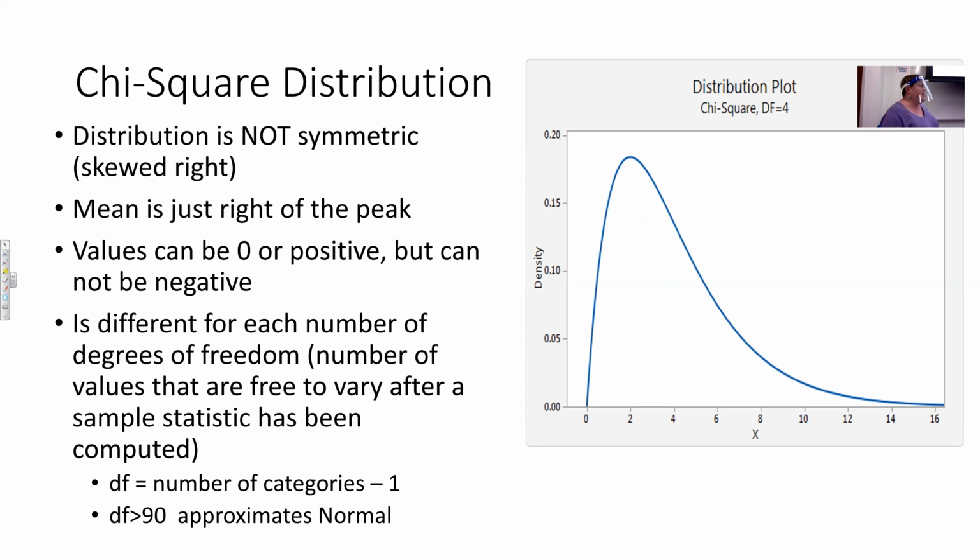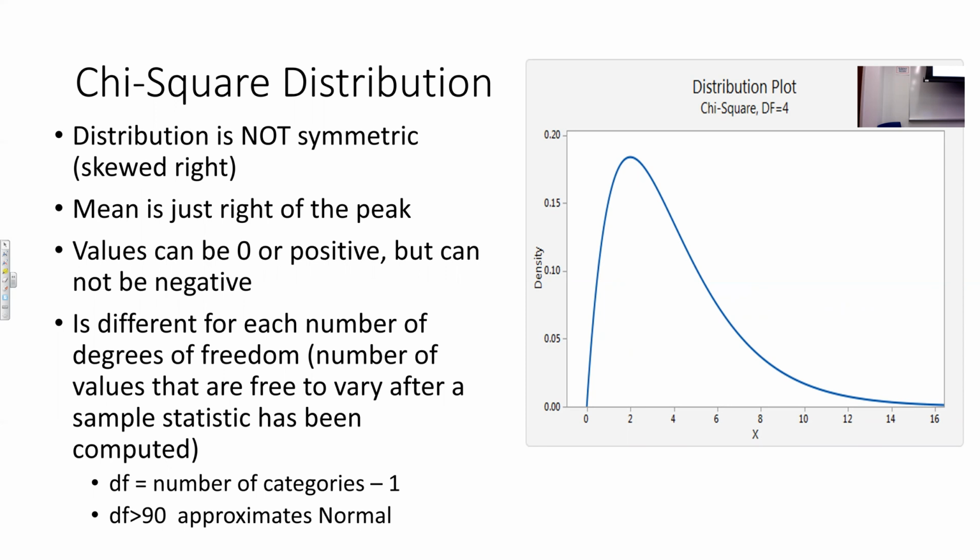And you can see that there on the diagram, because notice how the hump is on the left-hand side. And when you have that peak on the left-hand side, that's called skewed right. The mean, or the average, is going to be just to the right of your peak.